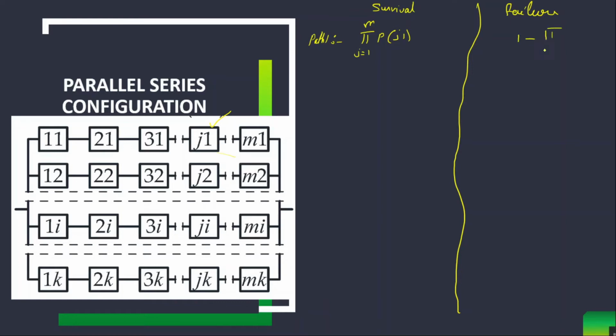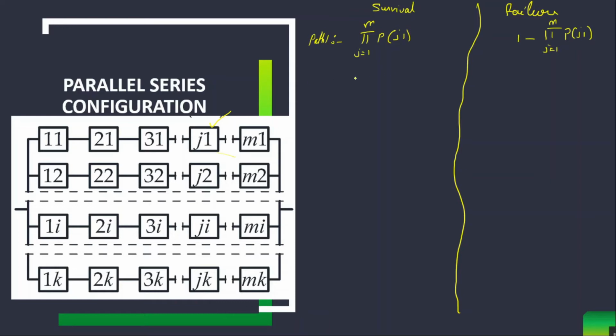Here j means the jth element of the first path. So the probability of failure of the first path is 1 minus the product of j equal to 1 to m of p of j1, where the product of j equal to 1 to m of p of j1 is the survival of the first parallel path.